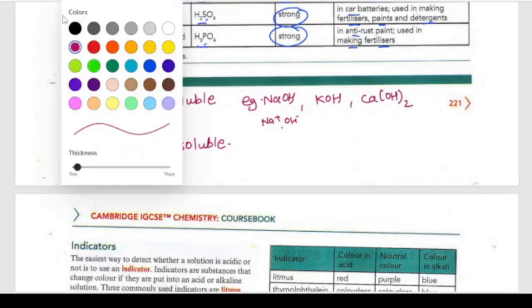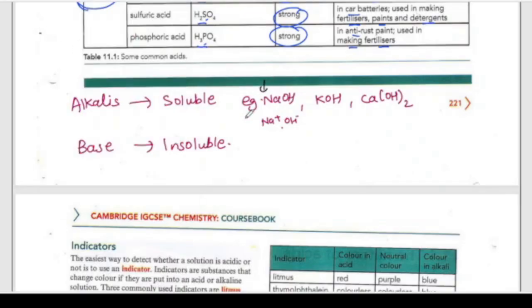But you can call them bases also, and that's why always remember that all the alkalis can be called bases. They are bases only, but not all bases are alkalis. All alkalis are bases, but not all bases are alkalis. So what examples do we have for bases?